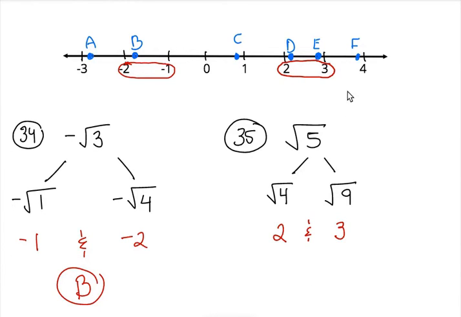Now here's the tricky part. It's either going to be D or E. How do we know which one? All right, so here's how we figure that out. Which number is 5 closer to?